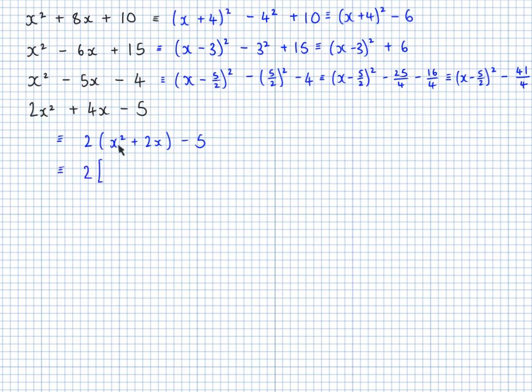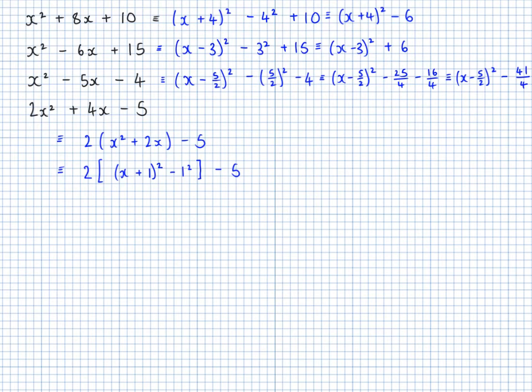Now if I complete the square here, I'm going to say x instead of x squared like I did here, and I'm going to half the 2, which is going to be 1, so I'm going to have x plus 1 squared. Remember, I need to take away the 1 squared here, and that's all I had inside the bracket, so I'm going to close my square bracket now, and I've got take away 5 outside here.